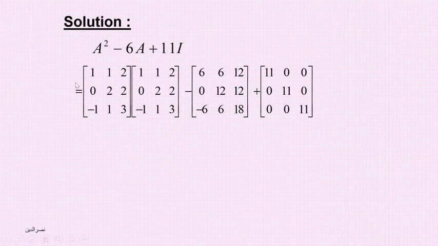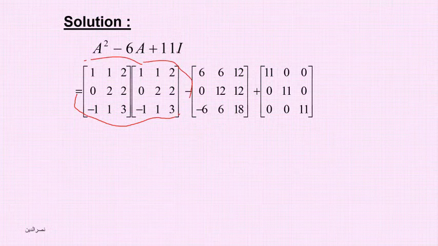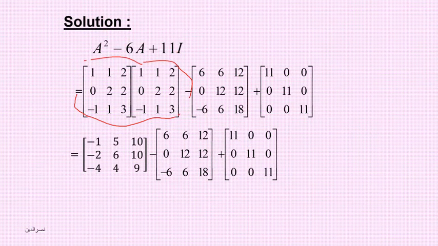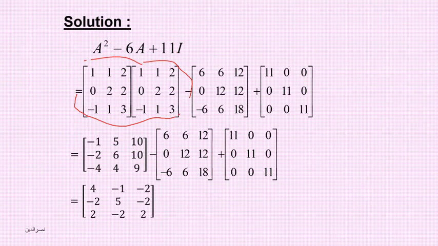So we have to do this multiplication operation first. So we can get 81, 5, 10, negative 2, 6, 10, 84, 4, and 9, and the rest. And then we have to do the summation and subtraction operations for the same positions of the entries. So this is the answer.